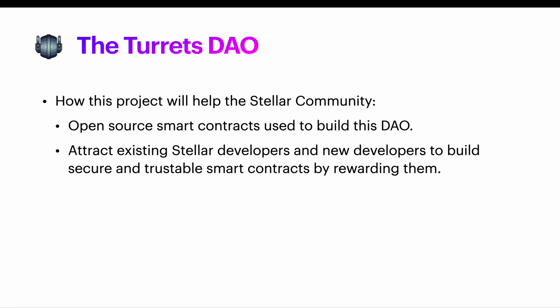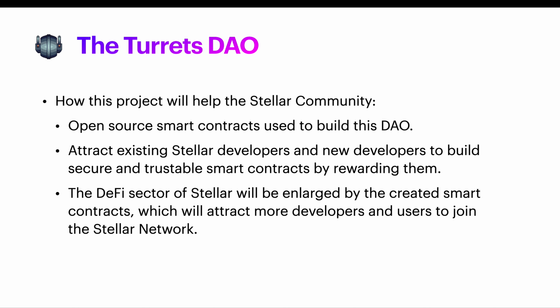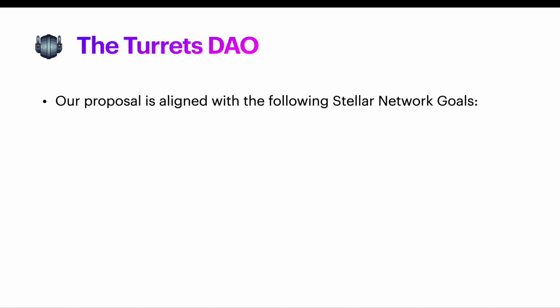Why? Because the Turrets DAO is rewarding them for doing so. The Turrets DAO project will enlarge the DeFi sector of the Stellar by the provided secure and trustable smart contracts, which will then attract even more developers and users to join the Stellar network.